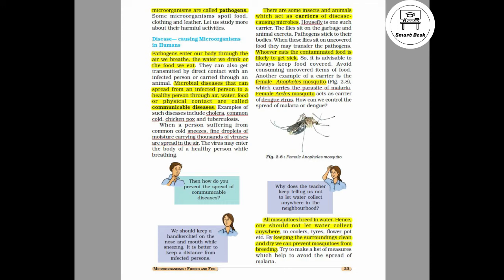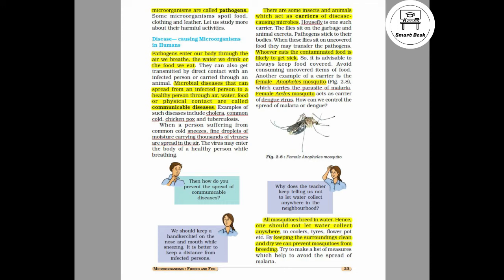Now, pathogens may enter our body through the air we breathe, the water we drink, or the food we eat. Here we have two types of diseases. First is communicable diseases, the microbial diseases that can be spread from an infected person to a healthy person through air, water, food, or physical contact.